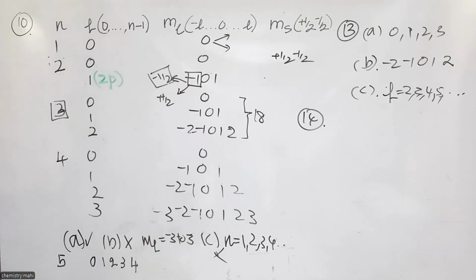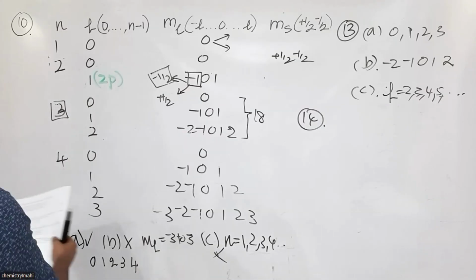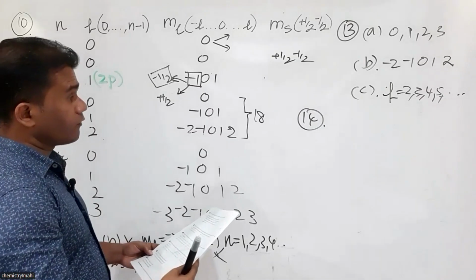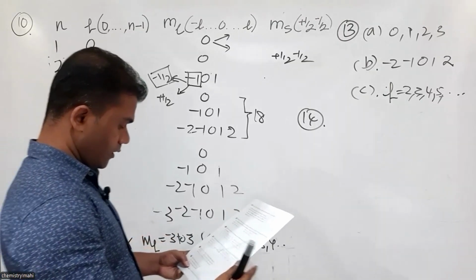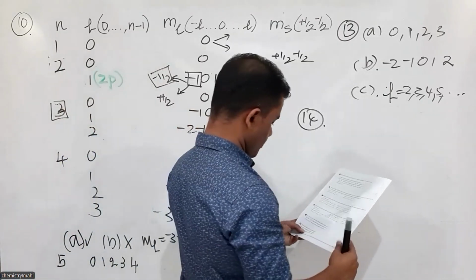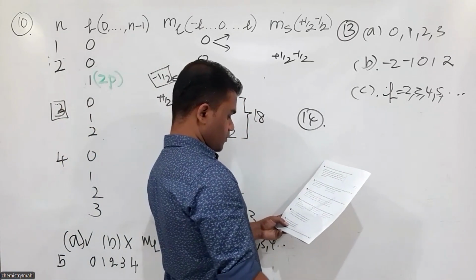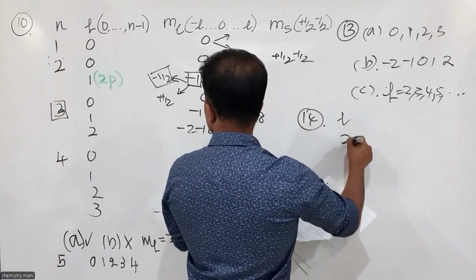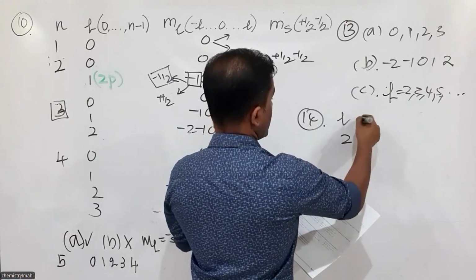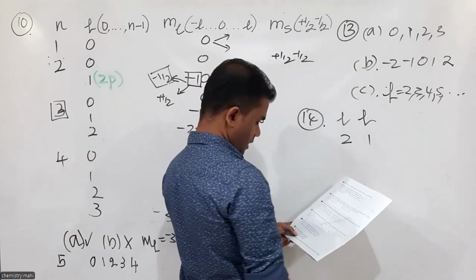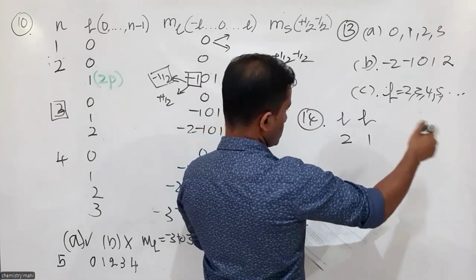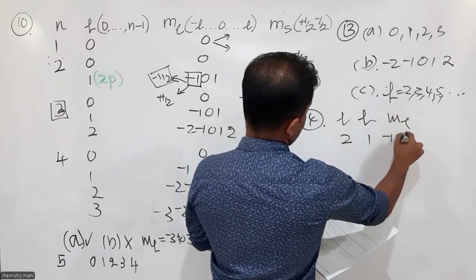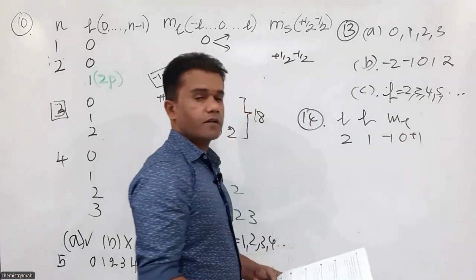L should be 1. Then for 2p, ML can be minus 1, 0, plus 1.